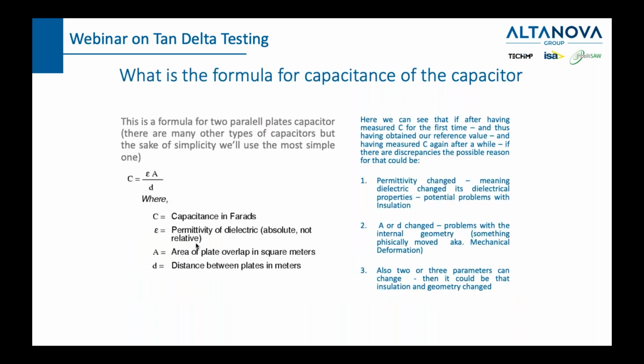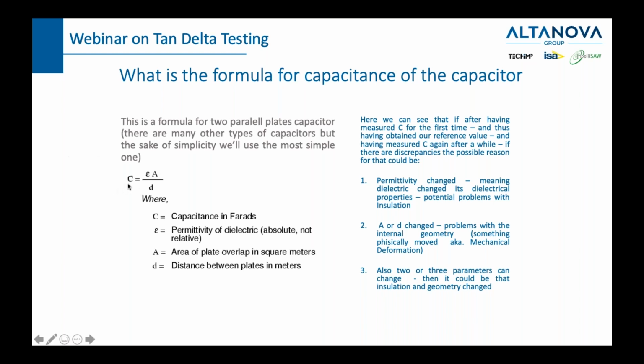So moving on, let us go a little bit more in depth and see how the formula for the capacitance of a two-plate capacitor can describe to us what we are actually measuring when we are measuring tan delta and capacitance.